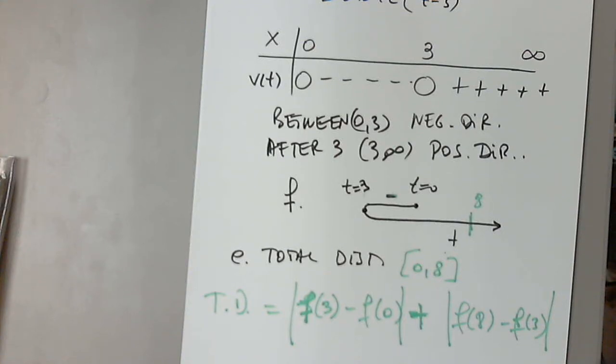And then with second and table, all I want is 0, 3, and 8. That's all I care about.